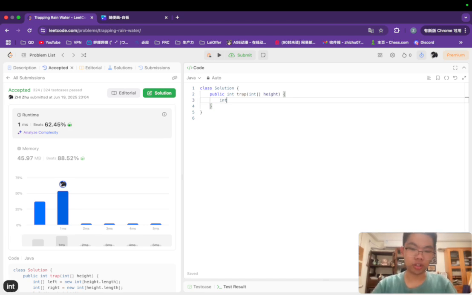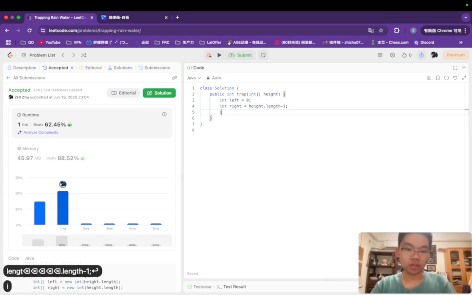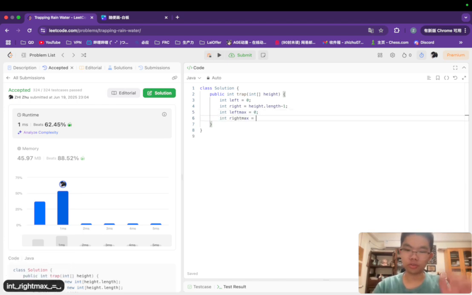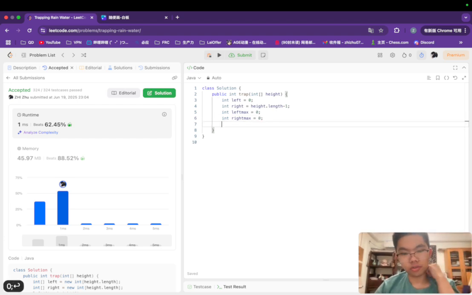So here we need several variables. The left pointer starts from 0, and the right pointer starts from the last one, height length minus 1, and left max equals 0, and right max equals 0.